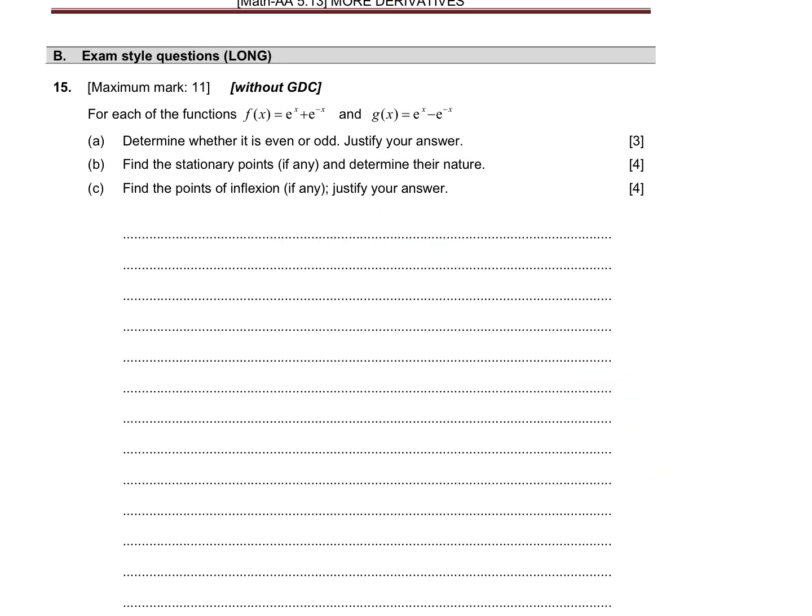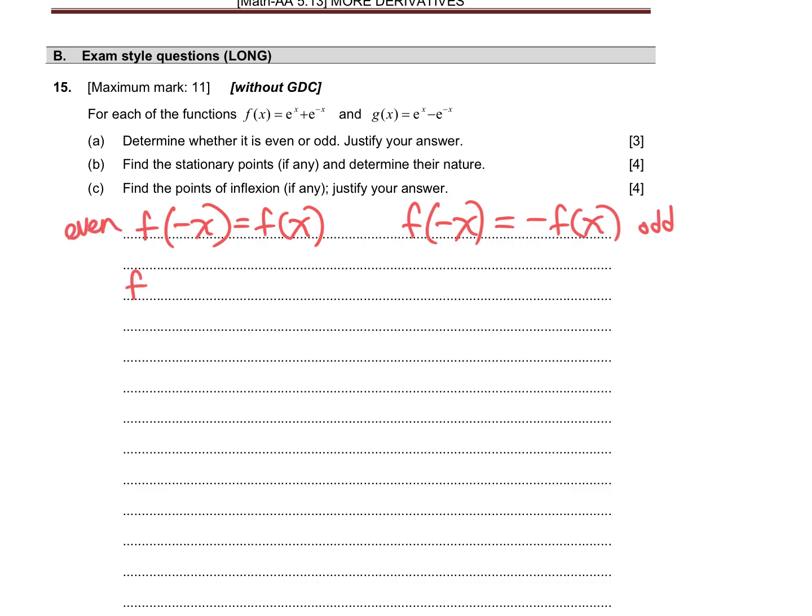All right, 15. For each of the functions f and g, determine whether it's even or odd. So remember, if it's even, when we substitute in negative x, we get out the function. And if it's odd, if we substitute in negative x and we get out negative the function, it's odd. Okay?